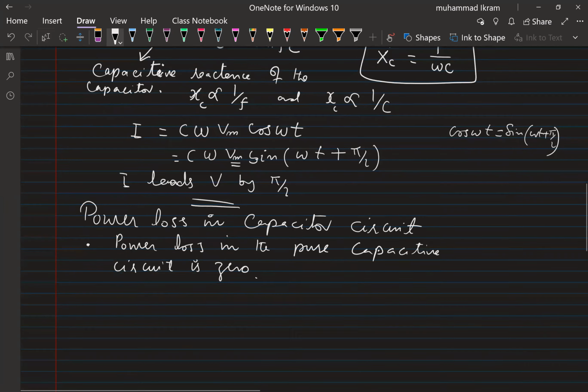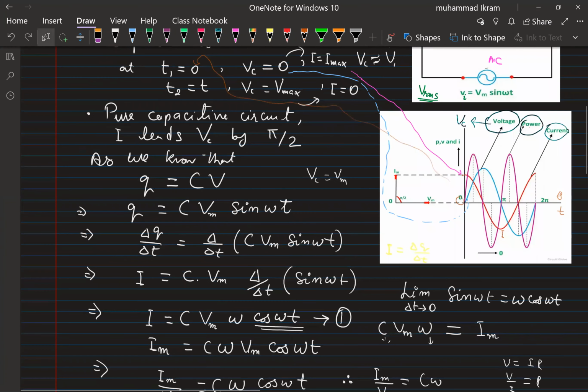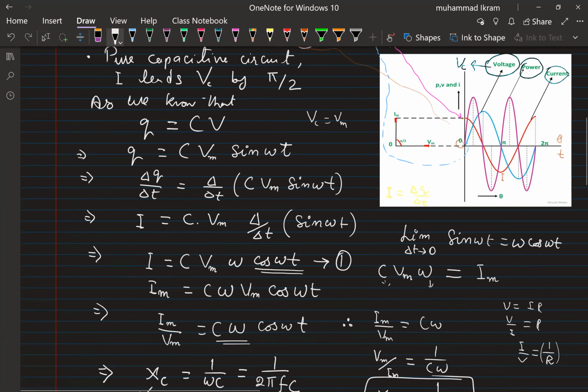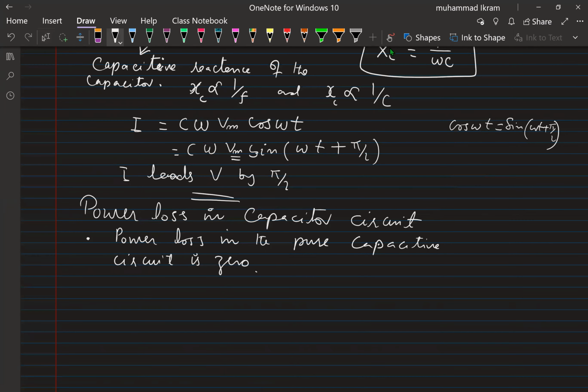Why? Because if you apply this for the power, when you have I maximum, then you have V zero, and you know that power is equal to VI average. So over one cycle of the capacitor, this power will be zero.